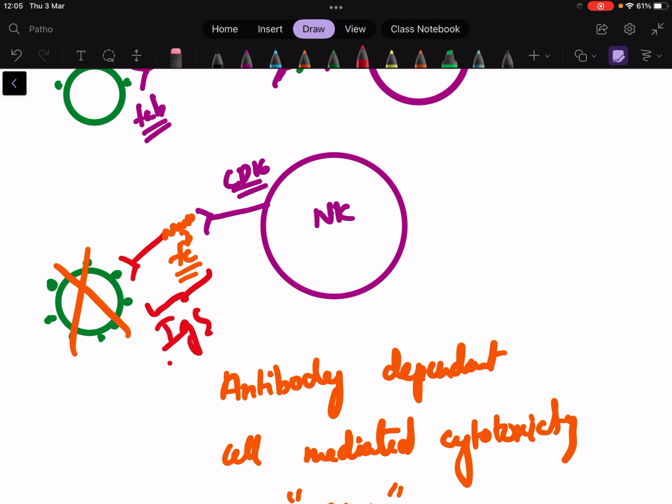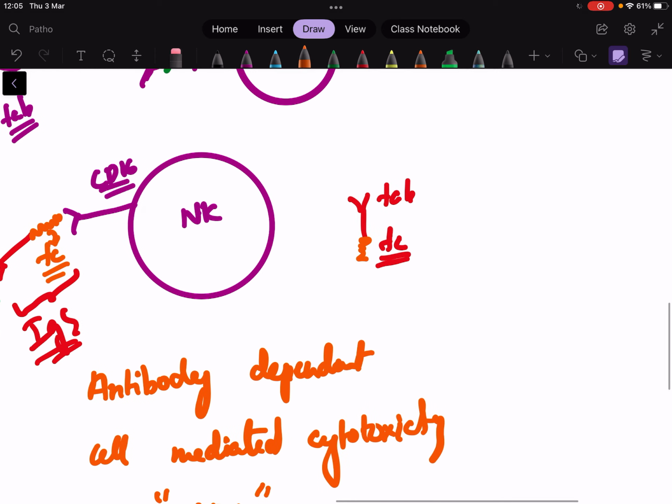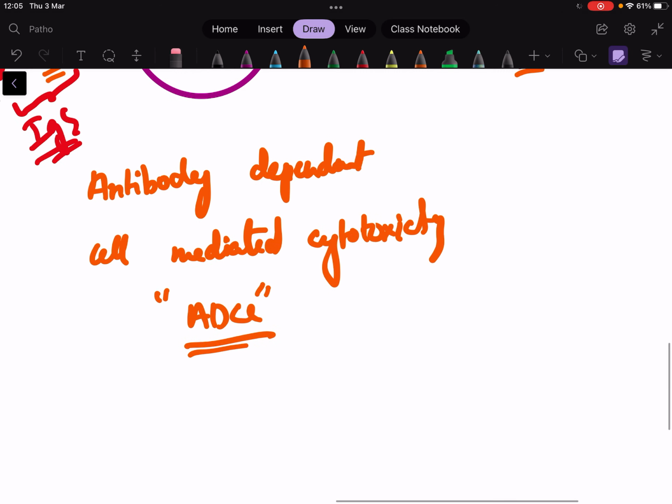IgG is an antibody, and antibodies have a Fab portion and an Fc portion, and the Fc portion is going to attach to the CD16, which is a receptor for the Fc portion of the immunoglobulin G. I hope you understand that concept.